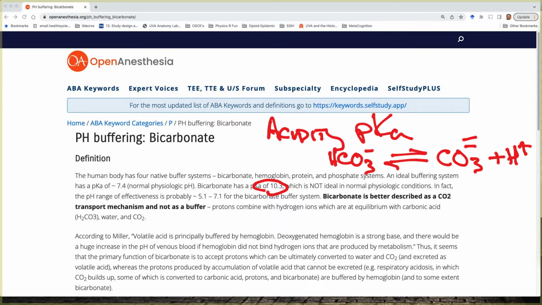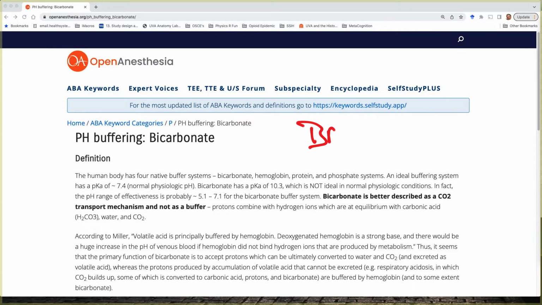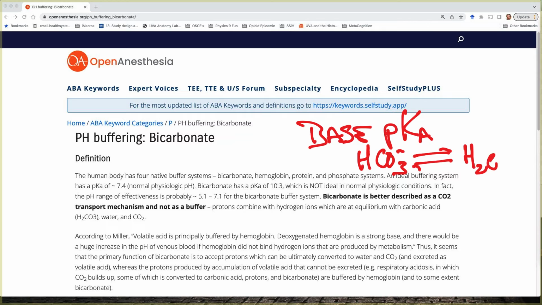And the pKa that we would want to use, I would suggest, would be the base pKa with the familiar relationship of bicarb with water and CO2.